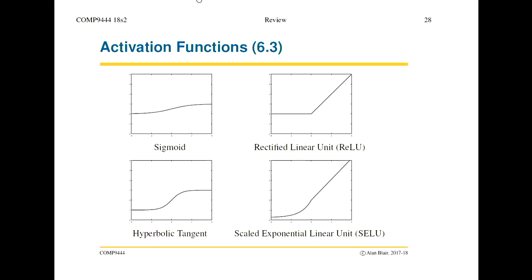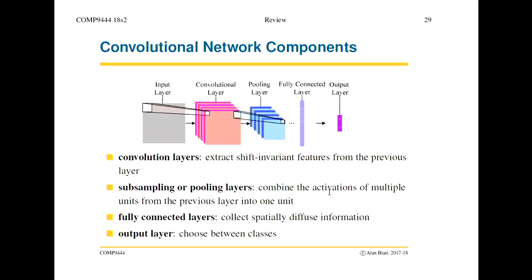But then people said, well, if we get rid of the sigmoid and replace it with a rectified linear unit or a scaled exponential unit, then that also seems to solve the problem of vanishing and exploding gradients, and does a pretty good job, at least for certain tasks, such as image classification.